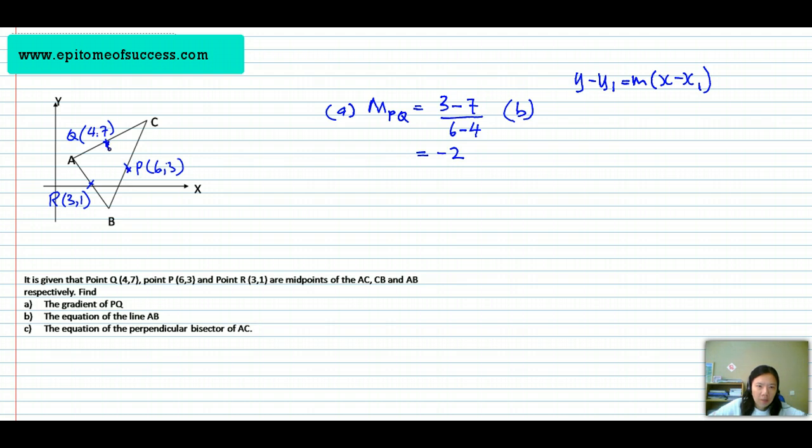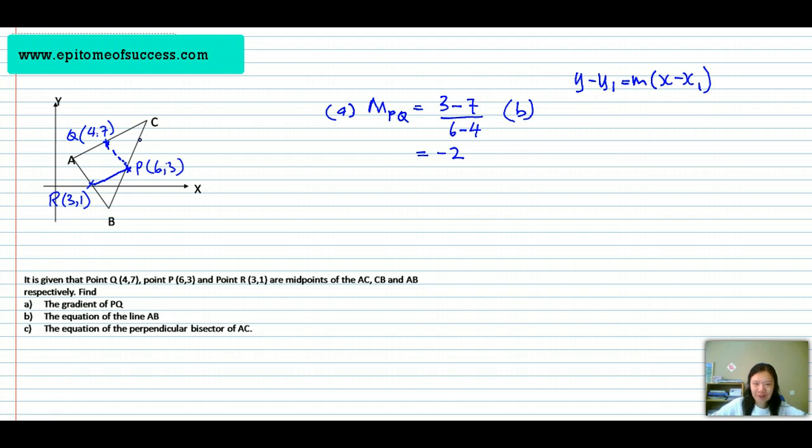If you connect them, this line PQ is actually parallel to AB. And similarly, if you connect the line RP, this line RP will be parallel to the line AC. And this is true for all triangles.